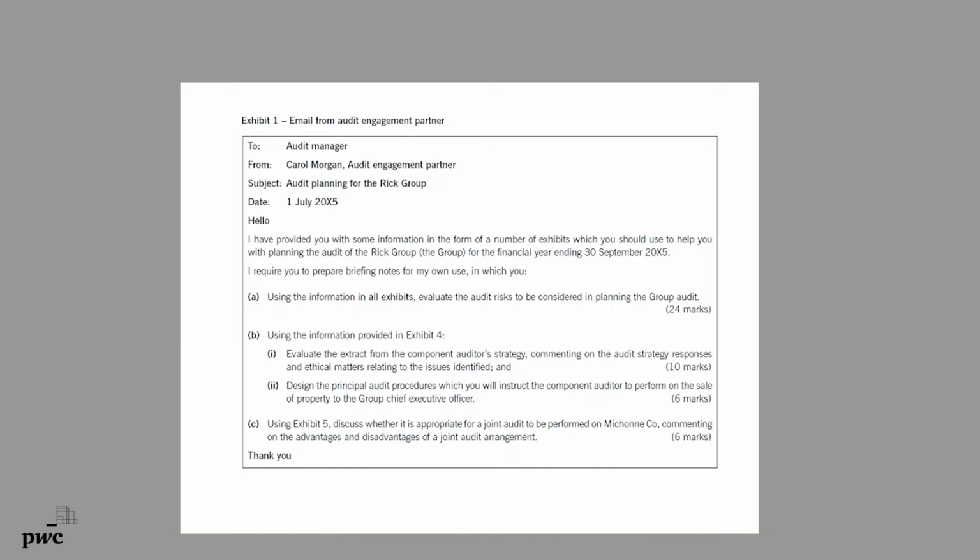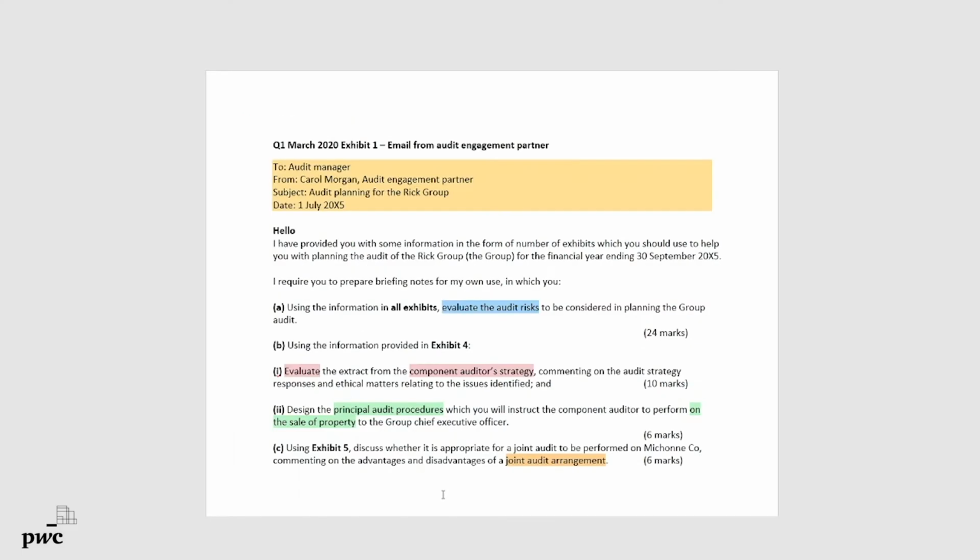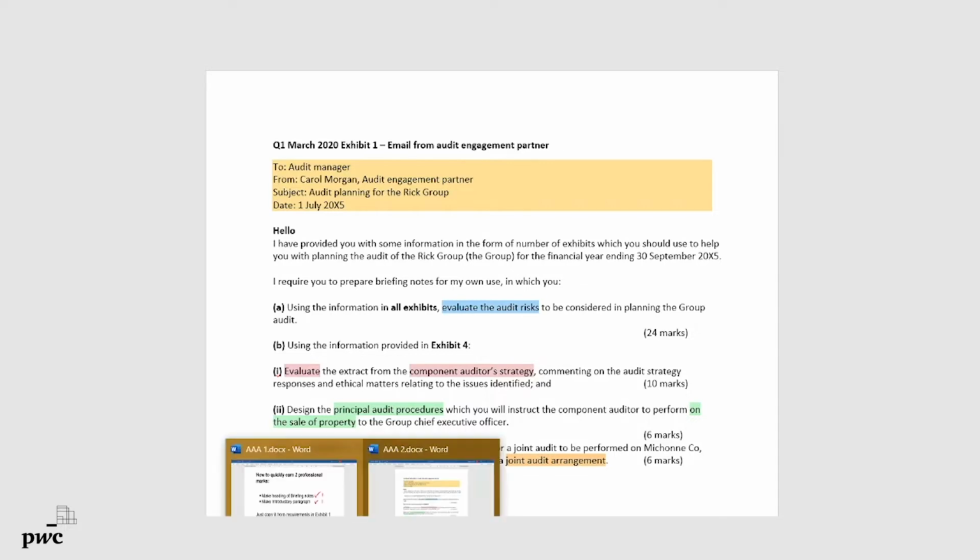You can see that this email instructs the audit manager to perform some planning steps, and these instructions are in fact the requirements themselves. I highlighted the requirements for you in colors so that you can see which parts of this Exhibit 1 I used for putting together my answer for question 1.